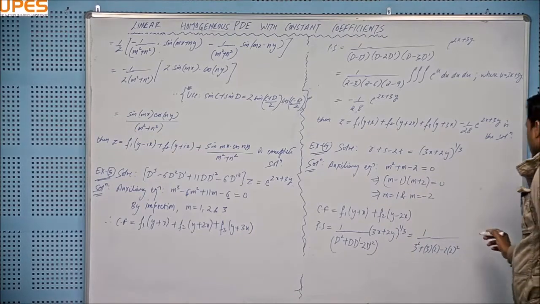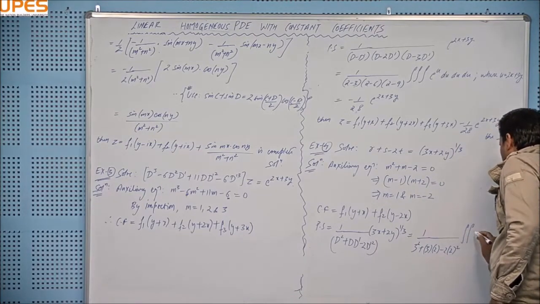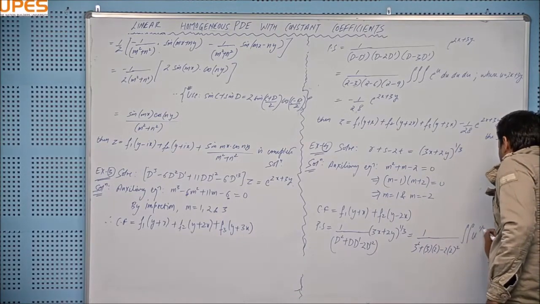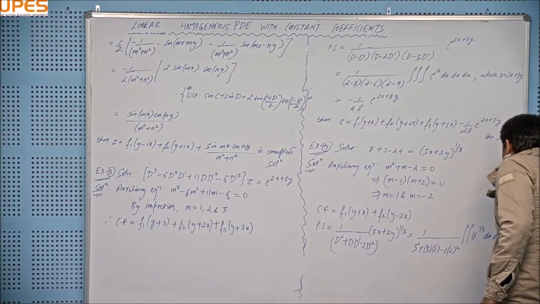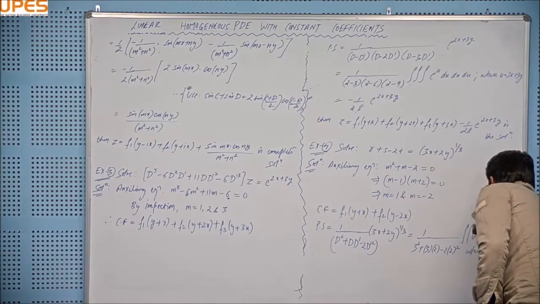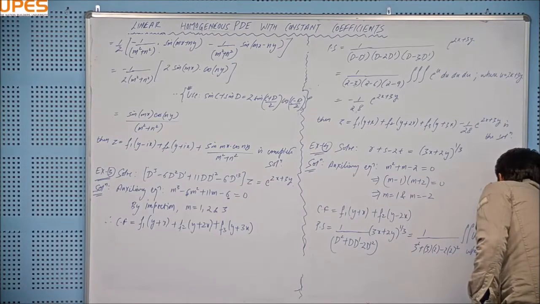And integrating it twice, it will become u to the power 1 by 3 du du, where u is equal to 3x plus 2y.